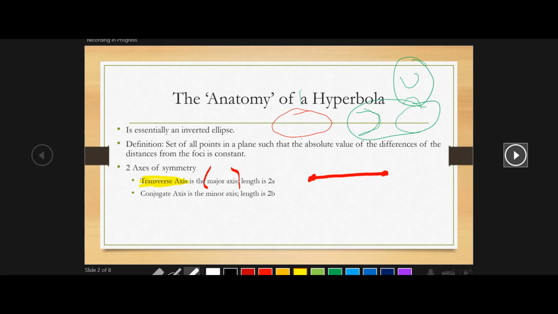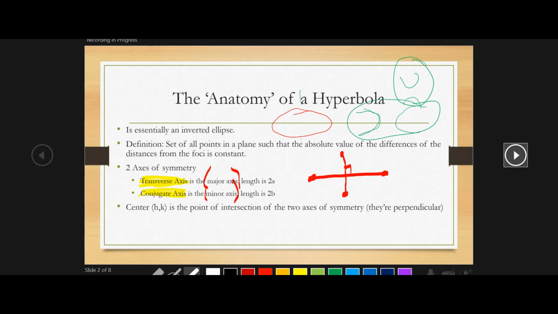And then we have the conjugate axis, which is essentially the minor axis. I'm not going to require you to learn the new vocabulary. I'll still have the minor and major axis in parentheses, so you'll still know what these terms mean. But I do want you to be exposed to them. Again, knowing the minor and major axis is fine.